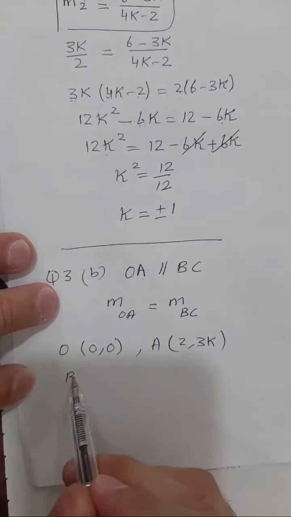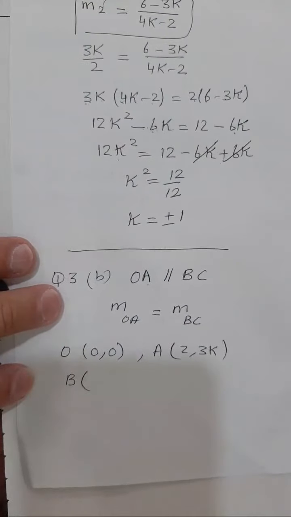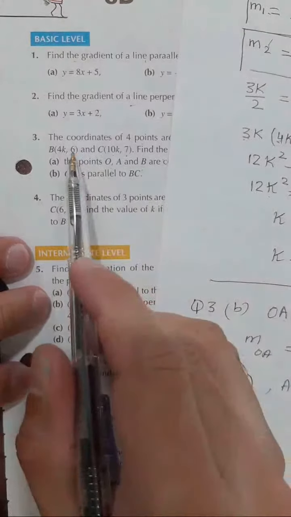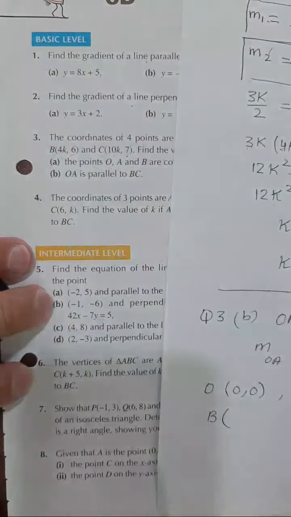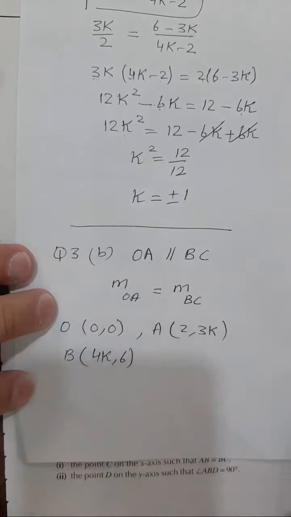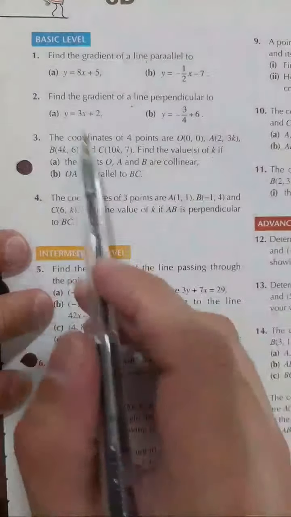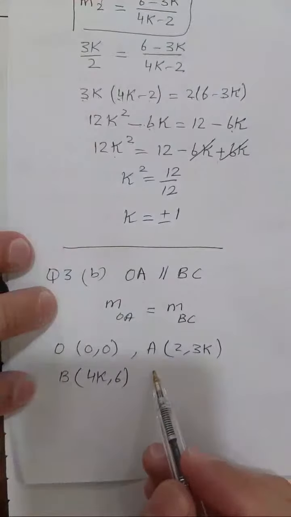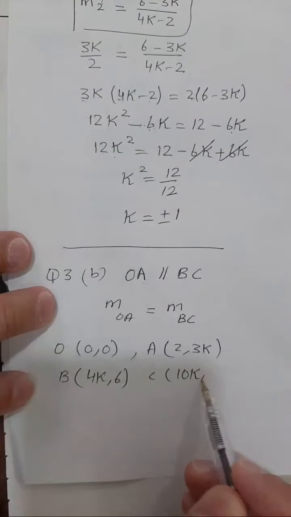Similarly, the coordinates for B are given, that is 4k and 6. So B is 4k and 6, and C is 10k and 7.